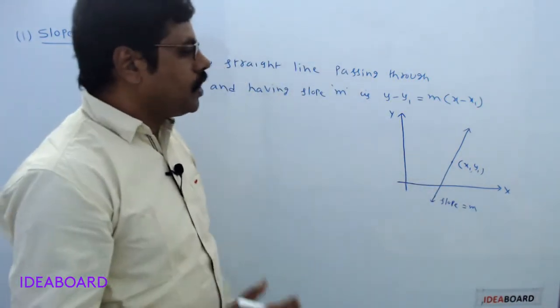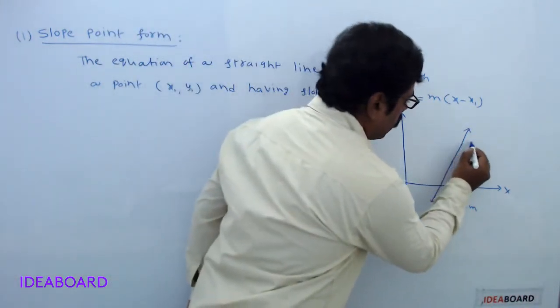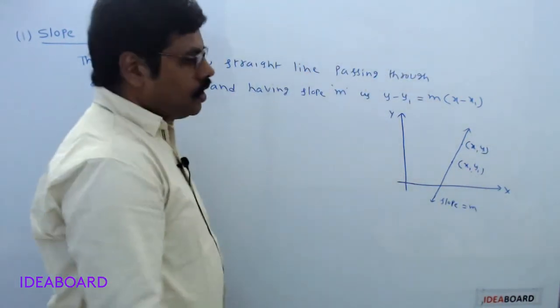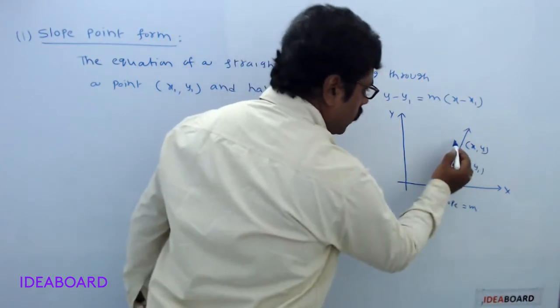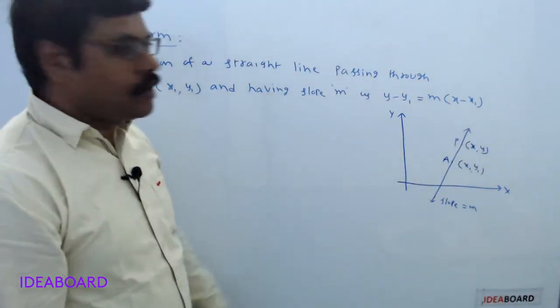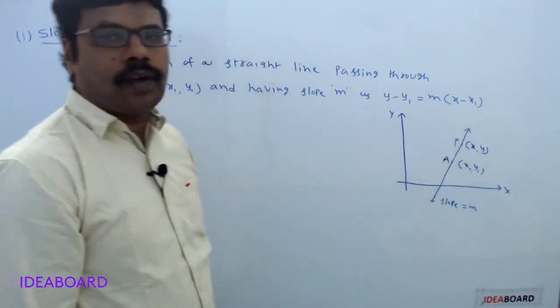Now take a point on this required line. Let that point be x comma y. Denote the given point with A and take this point as P. From the diagram, the points A and P lie on the required line.